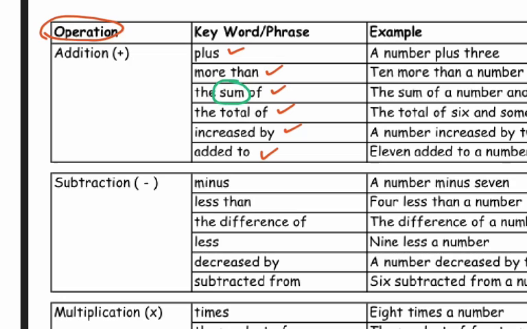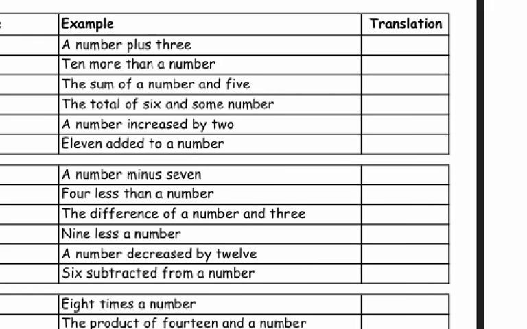That is the true mathematical term for addition. So let's write it over here. So sum is the correct or the most correct way to say addition. So what we're going to do now is go through these and write down the algebra way to say them.